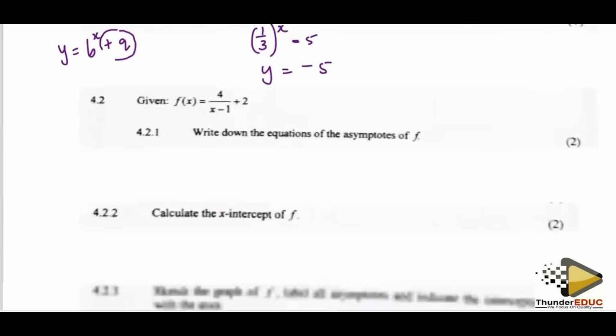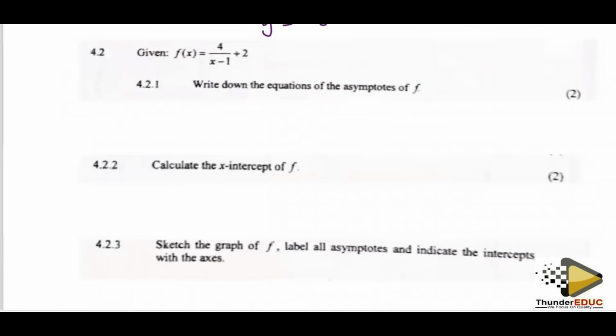Then we move on. Given the function 4 over x minus 1 plus 2, find the equations of the asymptotes. So this is a hyperbola, just from the nature of this, because we have a number and then the x is at the bottom.